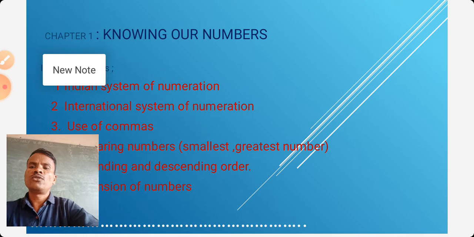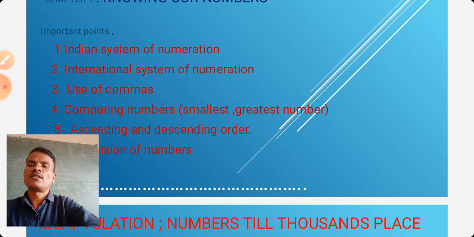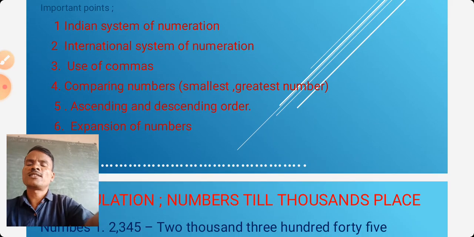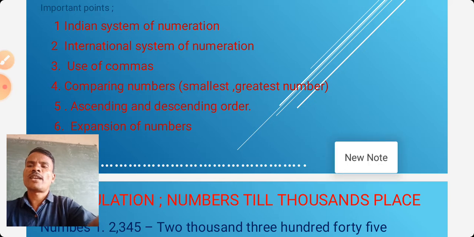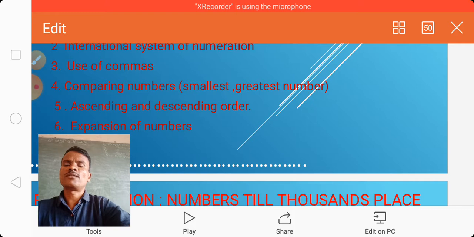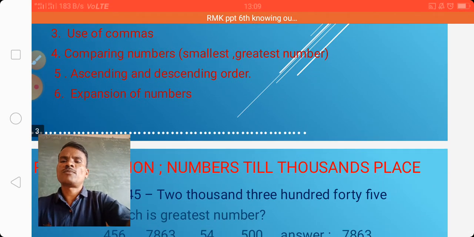Third, use of commas, comparing numbers, that is identifying smallest and greatest number, and framing smallest and greatest numbers. Fifth, ascending and descending order. Sixth, expansion of numbers. These are the 6 competencies from this chapter.